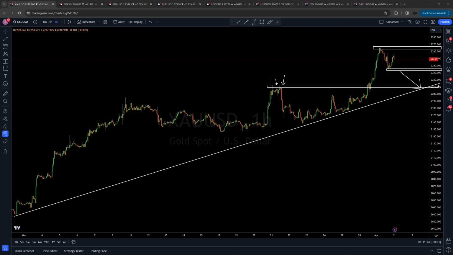We can see here, even during the upside leg we had this break and retest above this area and buy orders accumulated, which would be fantastic to retest, lining up with these previous significant highs.